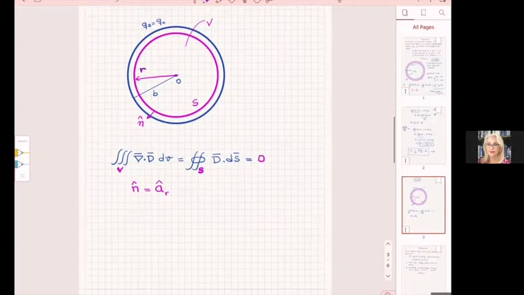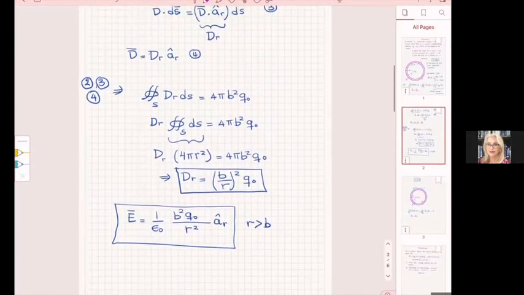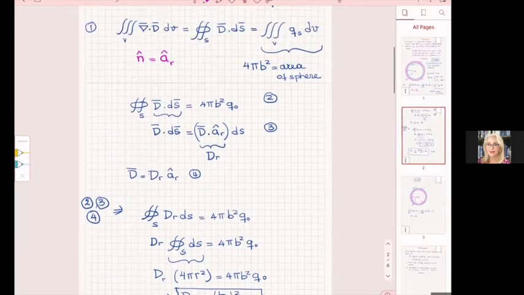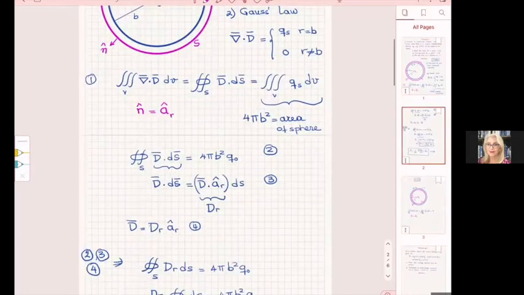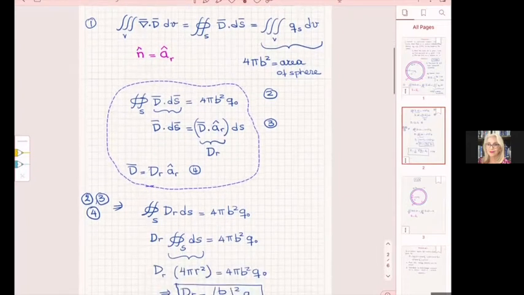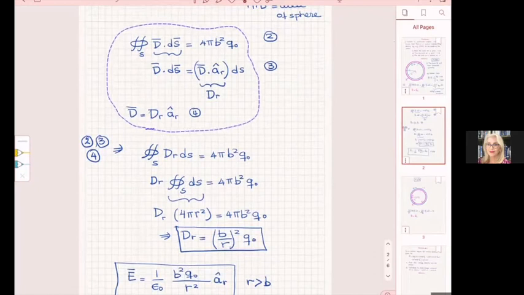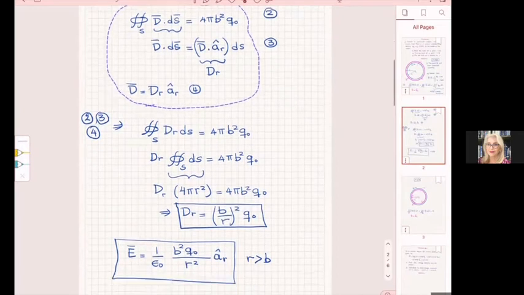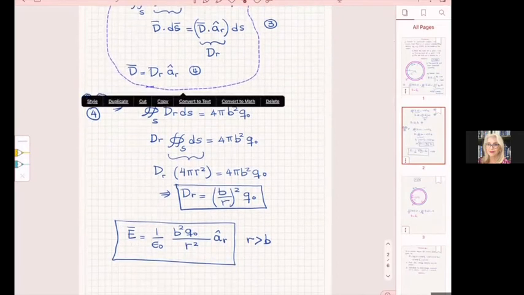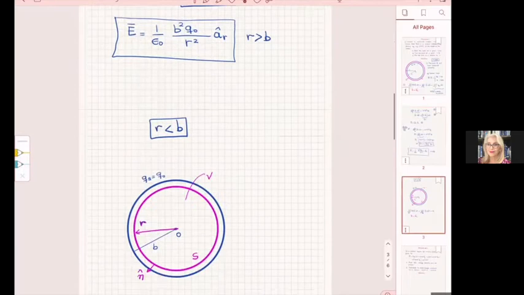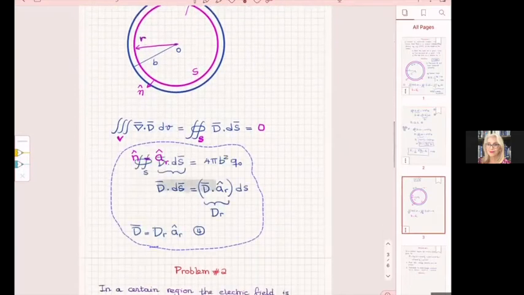If this is 0, and then I follow exactly what I did here. This has not changed, with the exception of Q. So practically, take this, copy, paste.